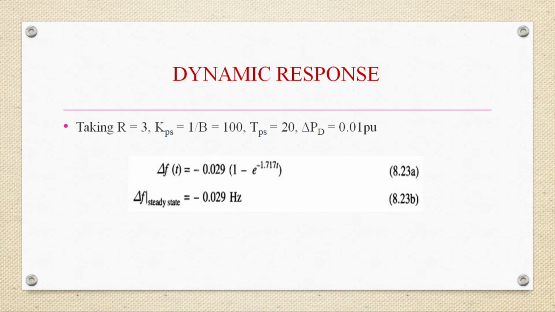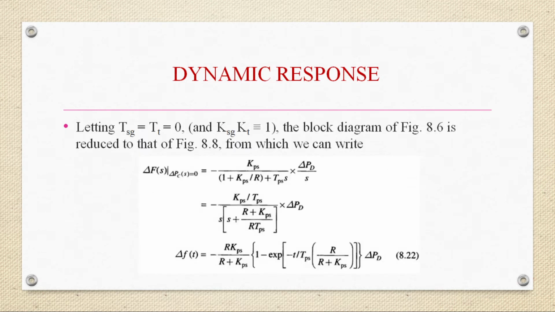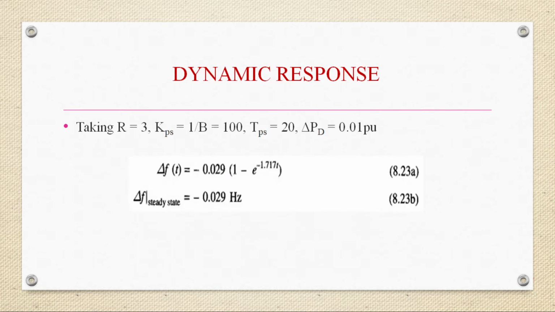All the values are per unit values here. Substituting these values, we obtain delta f of t as minus 0.029 into 1 minus e power minus 1.717 t. Delta f at steady state is minus 0.029 Hertz.